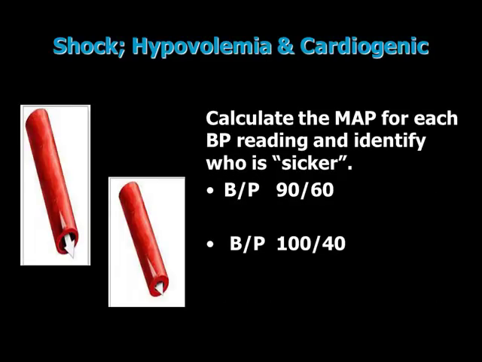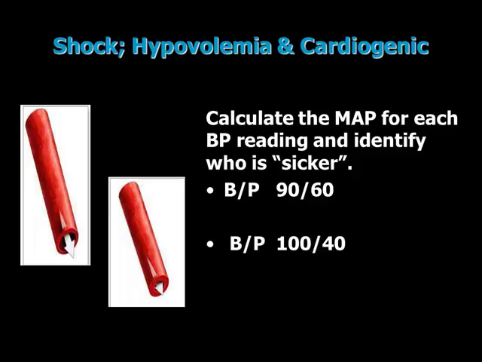Now you know that the MAP, the mean arterial pressure, is usually on the monitor for you, so you don't have to calculate it. When you get a blood pressure even on an automated machine in the intensive care unit or just on the med-surg units, you'll get the systolic, diastolic, and the mean arterial pressure. But of course, this is the critical care world, and so therefore we have to calculate the MAP.